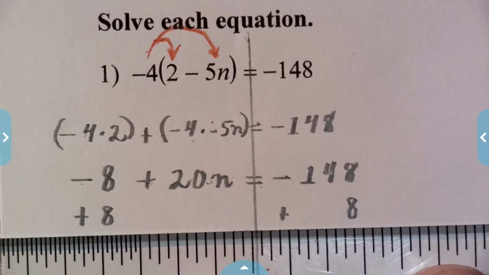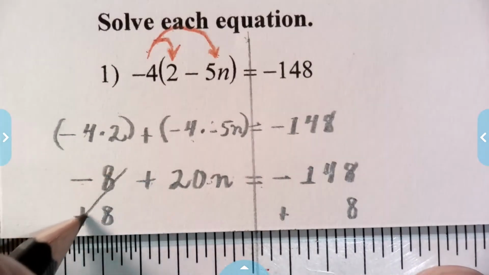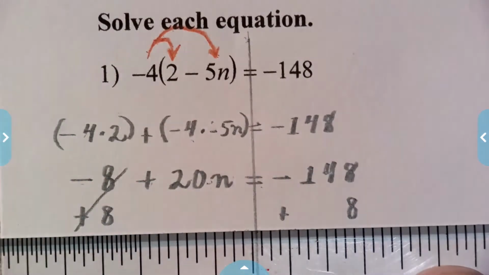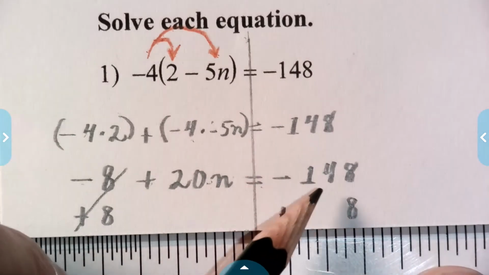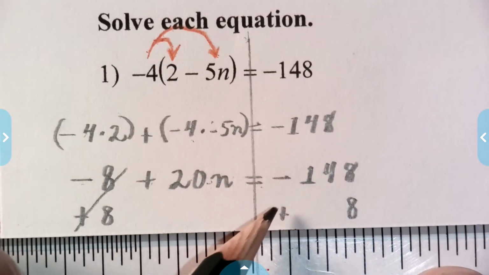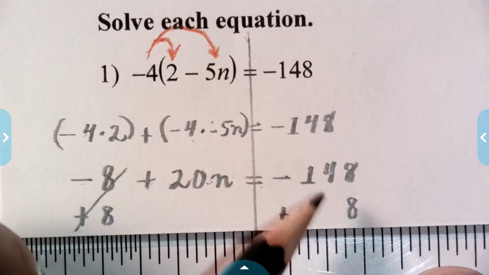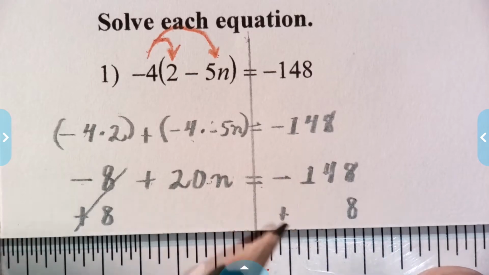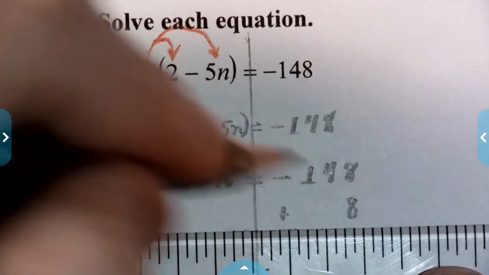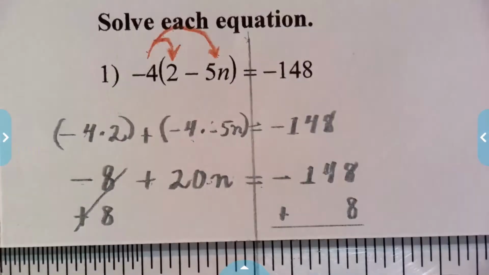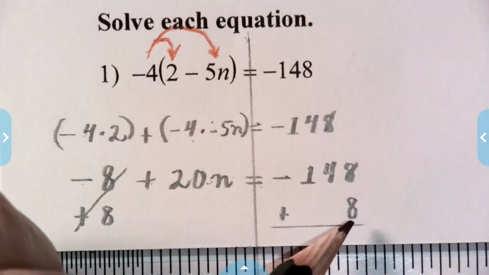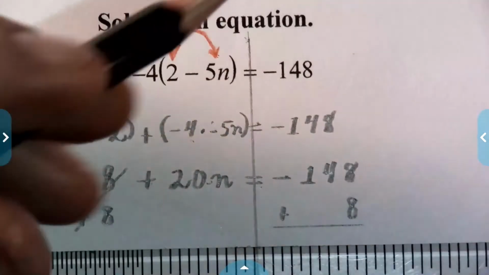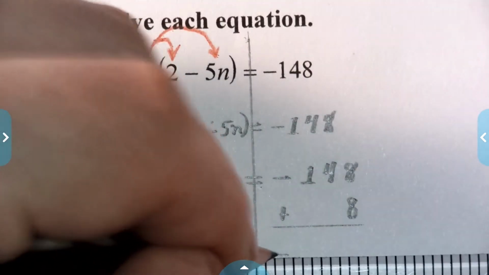Now, on the left, it's very easy. These just kind of cancel out. On the right, though, I've got this huge negative number and I'm adding 8. So I'm basically subtracting 8 and the result's negative. So 148 minus 8 is 140, so that'll be -140.